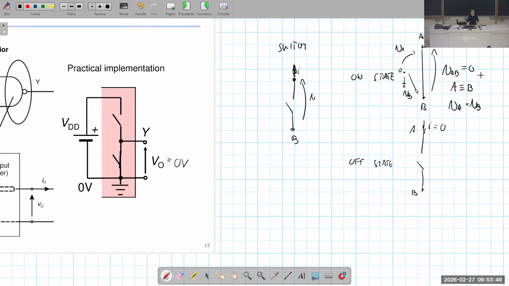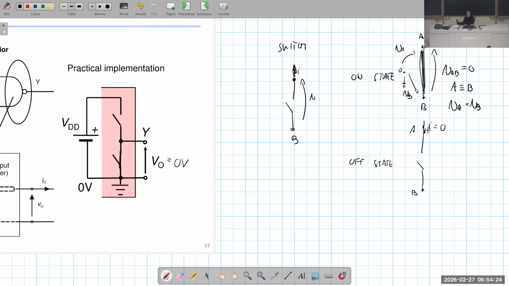Okay, it seems that these things are trivial. By the way, based on past experience, sometimes they are not so clear to the students, so I prefer to recall them in the beginning. When the switch is off, on the other hand, node A and node B are electrically disconnected.